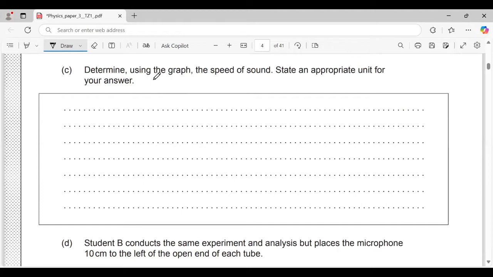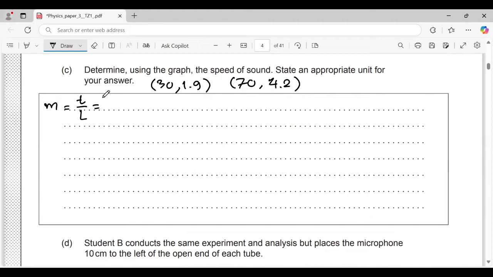So the gradient of the straight line is t over L, because t is the vertical axis and L is the horizontal axis.